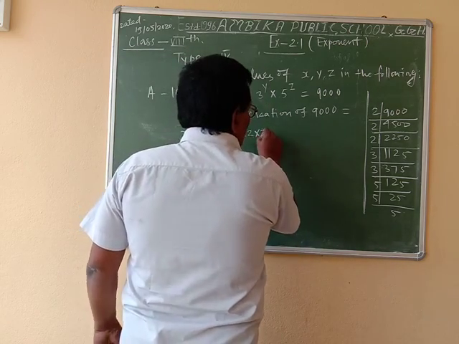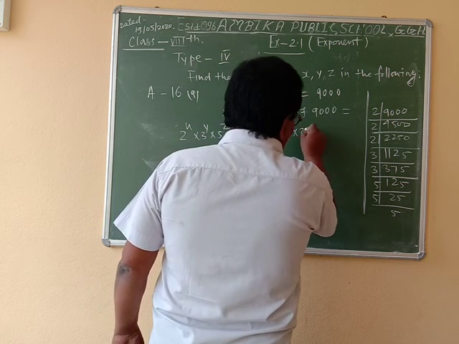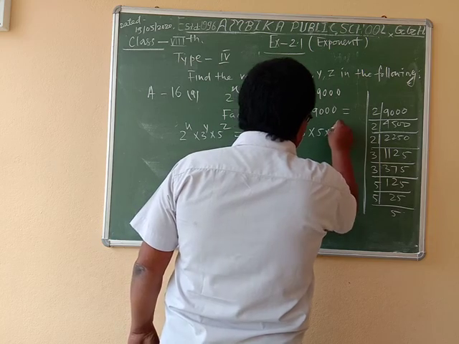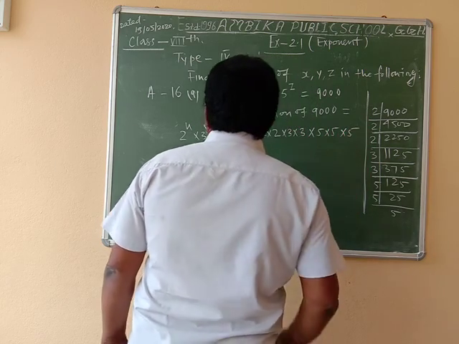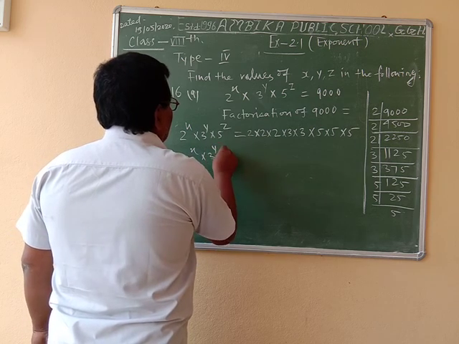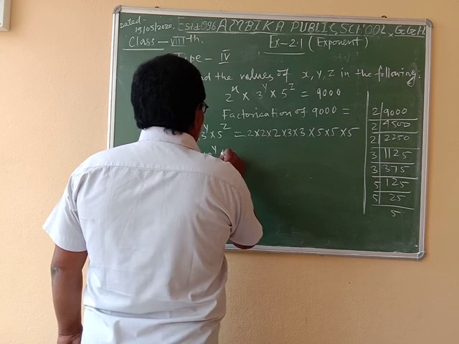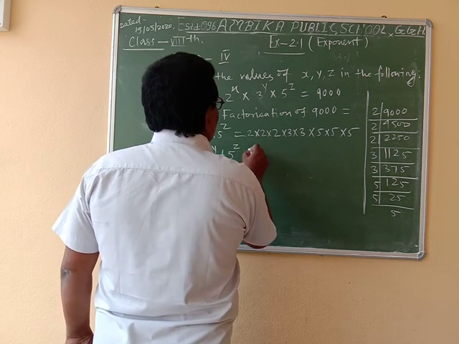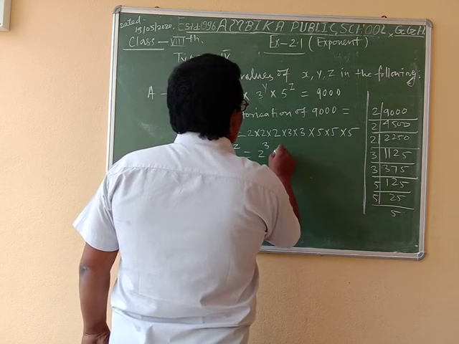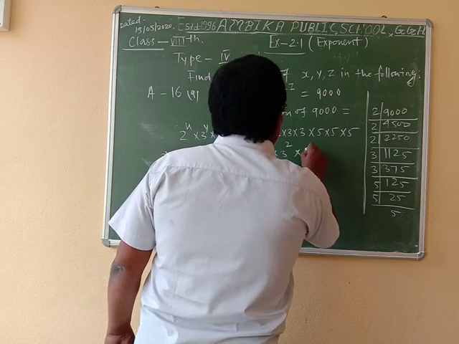So we can write 2 to the power x into 3 to the power y into 5 to the power z is equal to 2 into 2 into 2 into 3 into 3 into 5 into 5 into 5, which is 2 to the power 3 into 3 to the power 2 into 5 to the power 3.